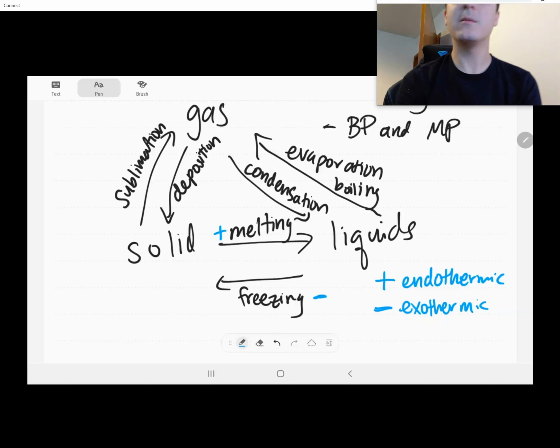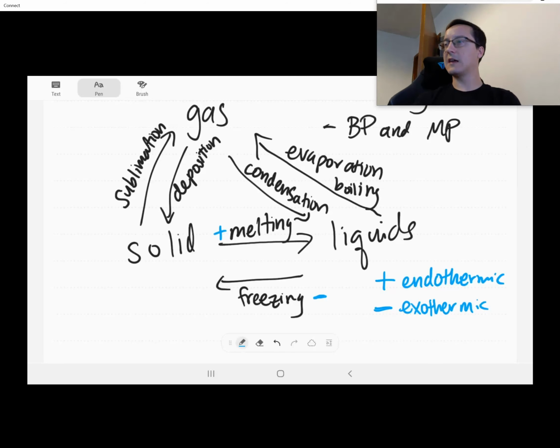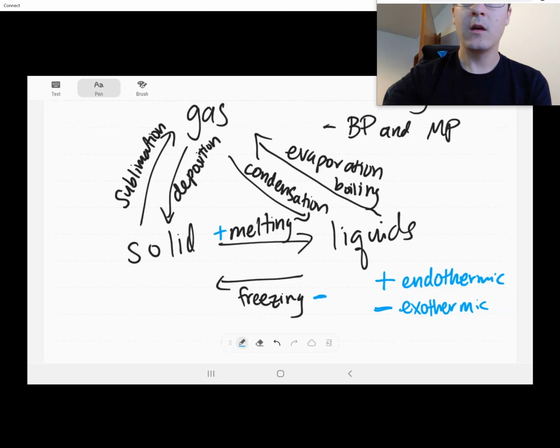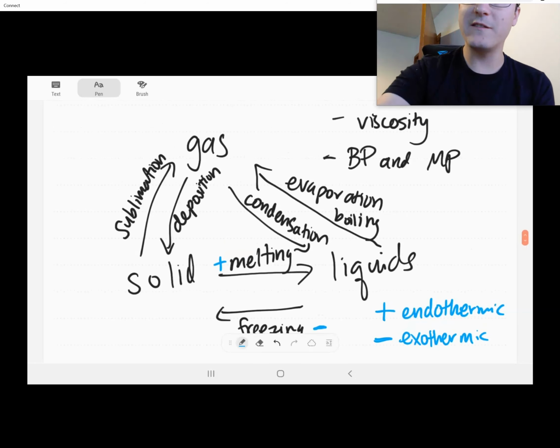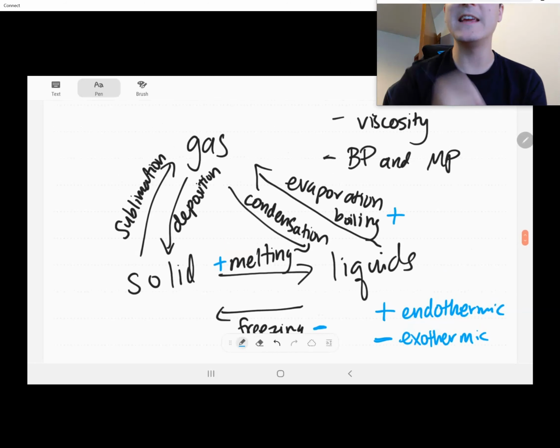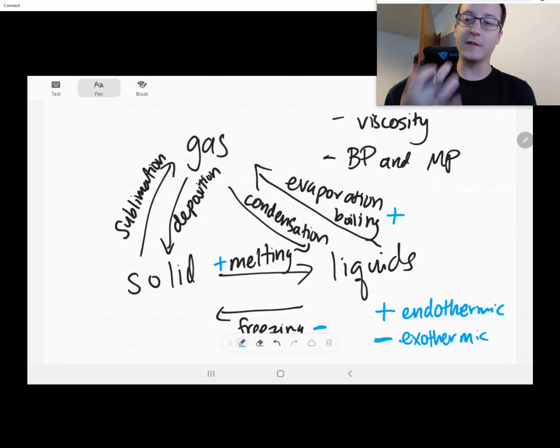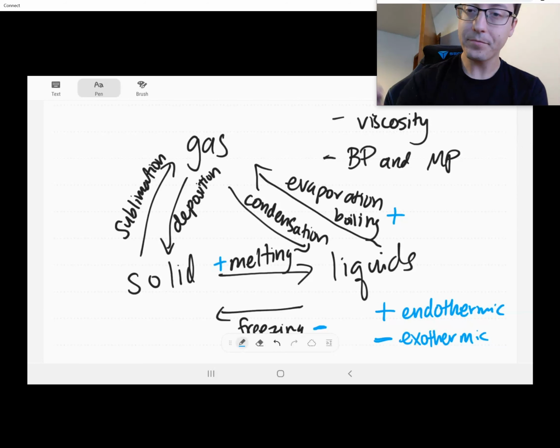Conversely, melting will be endothermic, right? You have to heat something up to get it to melt. If you wanted to melt some candles or some wax, you would put heat on it, and you would melt that wax. Just like before, evaporation and boiling, we have to put in heat to get that to happen. We have to turn on the stove to get that water to boil. Therefore, condensation will be our exothermic equivalent.